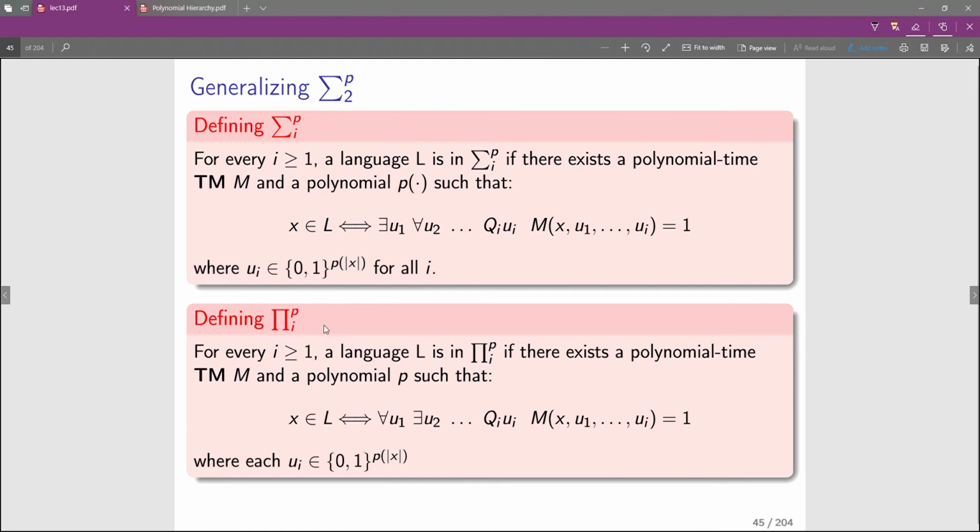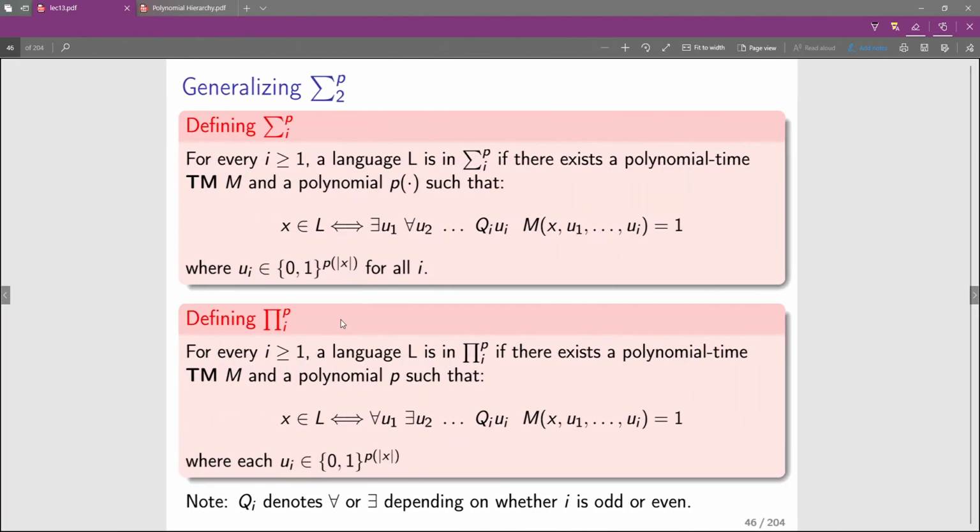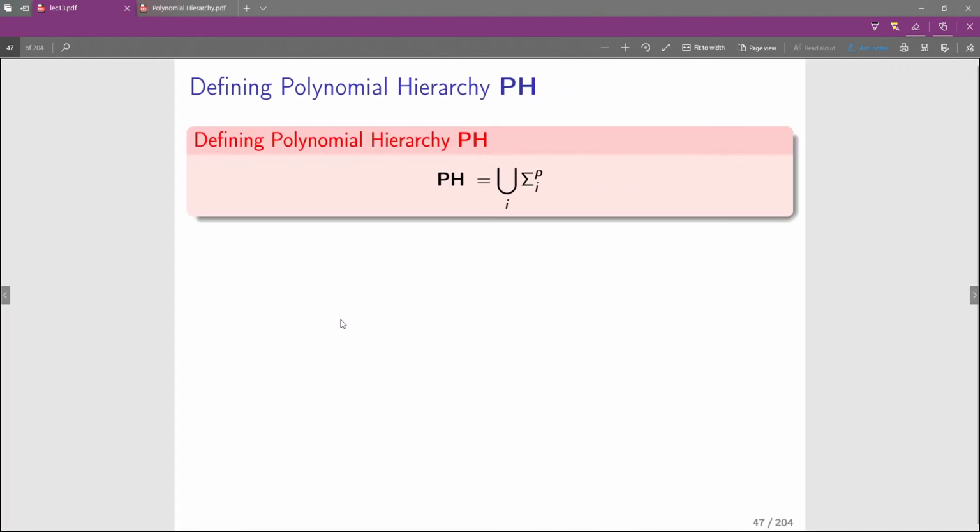Product I has subscript I and superscript P. Now we define the superclass of all these sigma I's and product I's. That is our polynomial hierarchy.